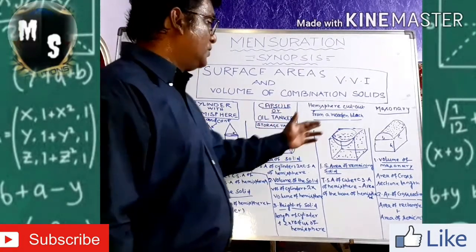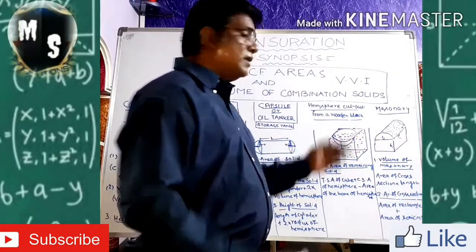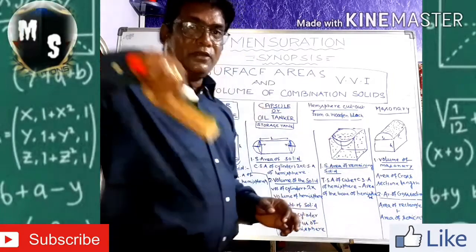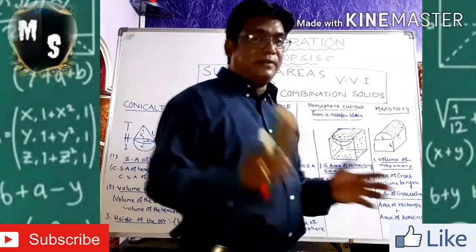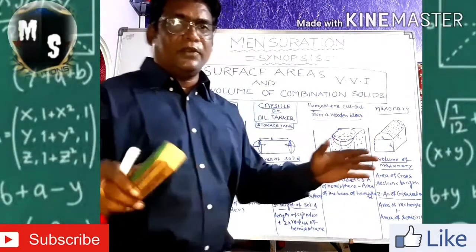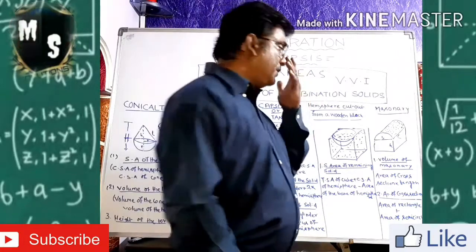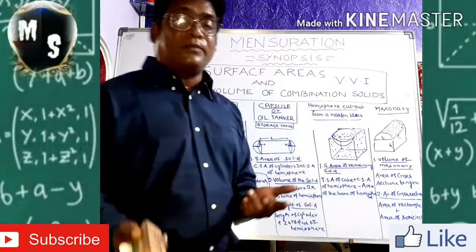Then the fourth one is your wooden block, with a hemisphere dug out in the middle. Then a masonry. Masonry is the carrier for a dead body. So what is to be calculated for the masonry?